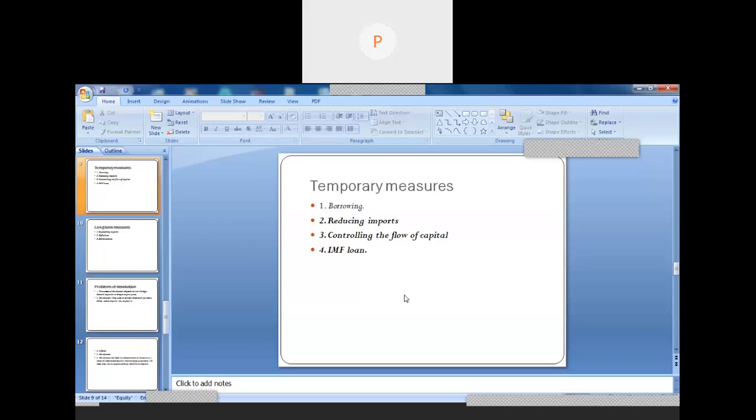The third point which I have written is controlling the flow of capital. If a deficit is there in the balance of payment, it is obviously reducing the nation's reserve. This may be relieved by government restrictions on investments or on the capital flow abroad. These can be the two ways only. The government can restrict investments, or restrict the capital flow which is happening abroad.